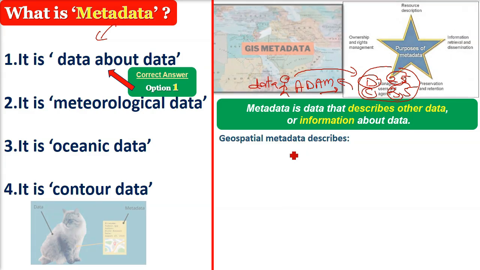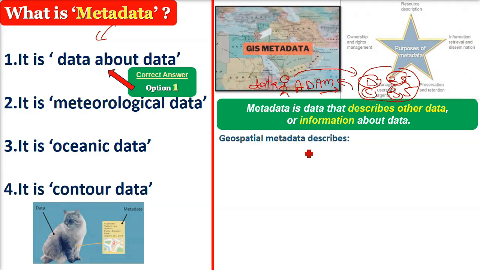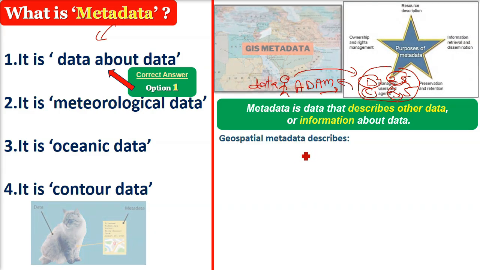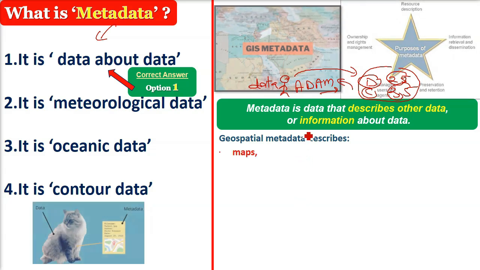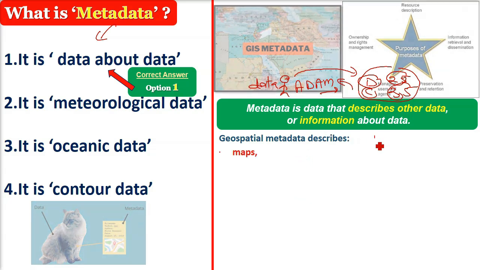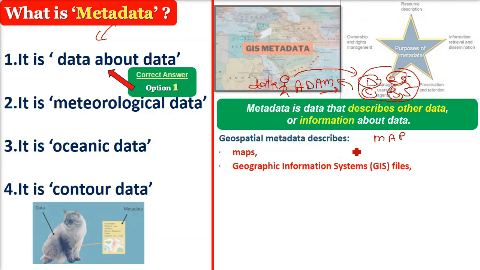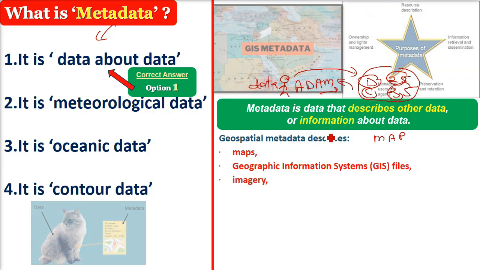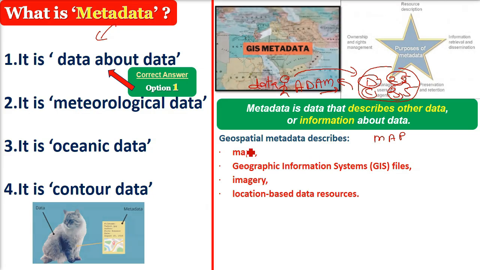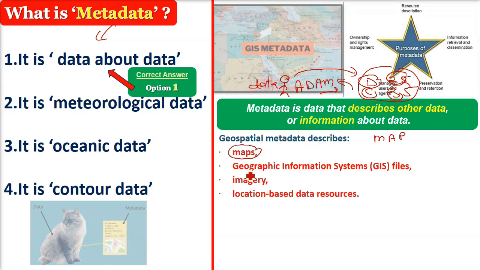So geospatial metadata describes and defines various things. Please understand, a map without added information is nothing. A GIS file is just a raw file if it doesn't have added information, metadata, or imagery or location-based data resources.